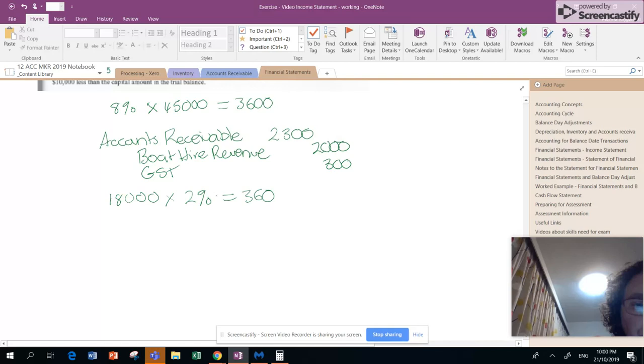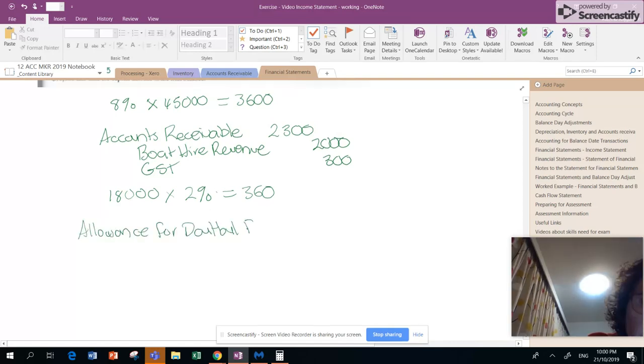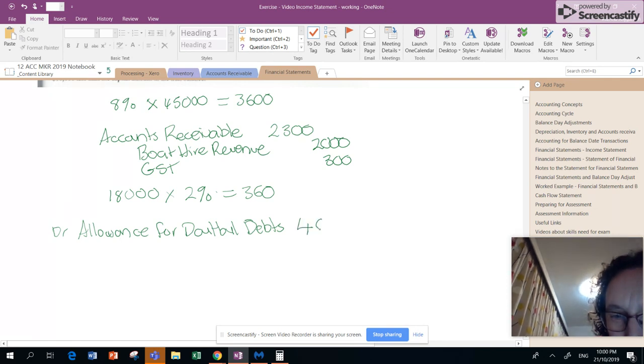To reduce it, we would debit the allowance for doubtful debts by 40, and then we'd credit doubtful debts by 40.